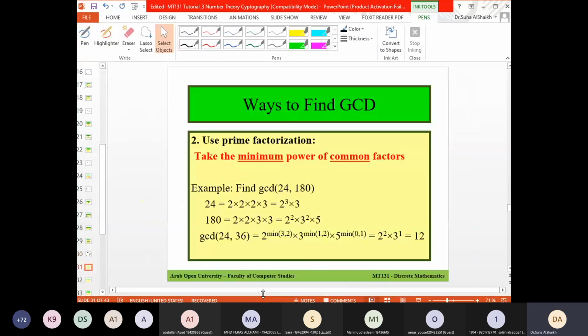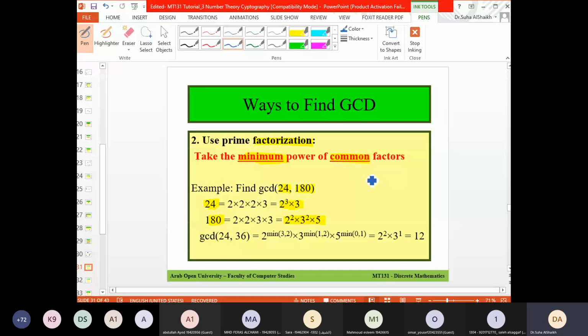Okay, so here we have the way to find the GCD. They give you an example. First of all, we find the minimum power of the common factor after factorizing the two numbers. So if I want to find the GCD between 24 and 180, this is the prime factorization of 24 and this is the prime factorization of 180.